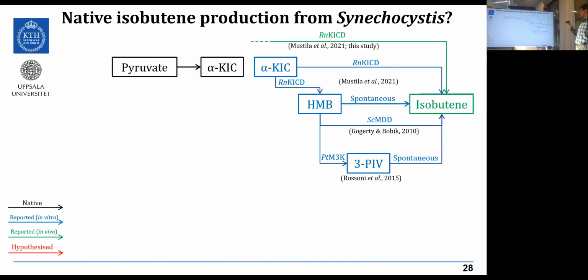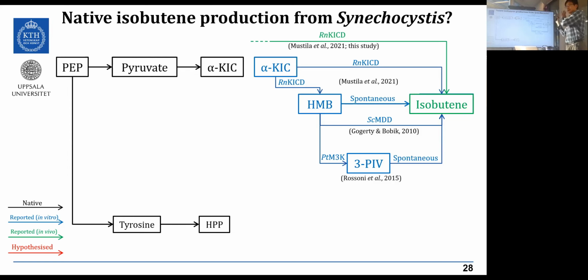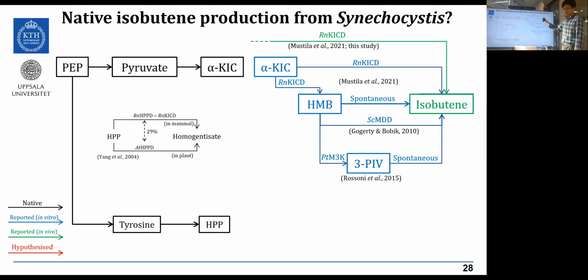There are other enzymes that can convert HMB to isobutene in vitro. So now let's look at something kind of far away, the degradation of tyrosine. Okay, so tyrosine is degraded into HPP, and in plants and mammals, HPP is converted into homogentisate by the enzyme HPPD, which is actually synonymous to KICD.